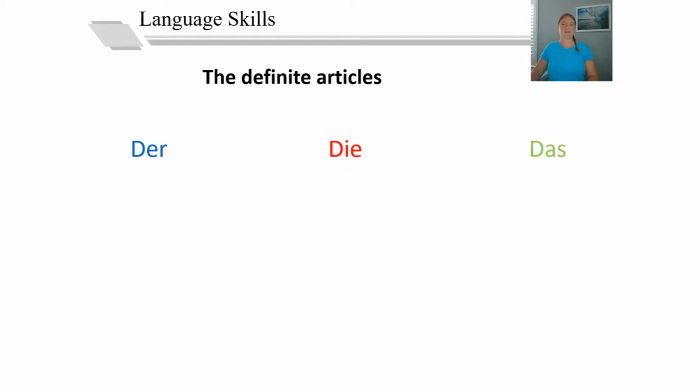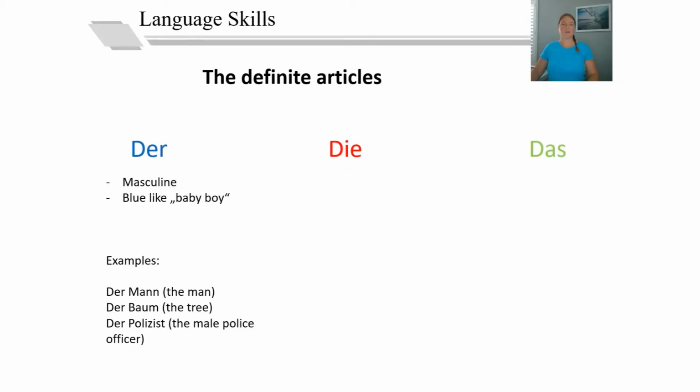Der, die, das. Let's start with der. We said that der belongs to all the masculine nouns you can find in the German language. Der, nominative case, all the masculine nouns. The color is blue, like when a baby boy is born, everything needs to be in blue. So blue is the color for all the masculine nouns in the nominative case in the German language.